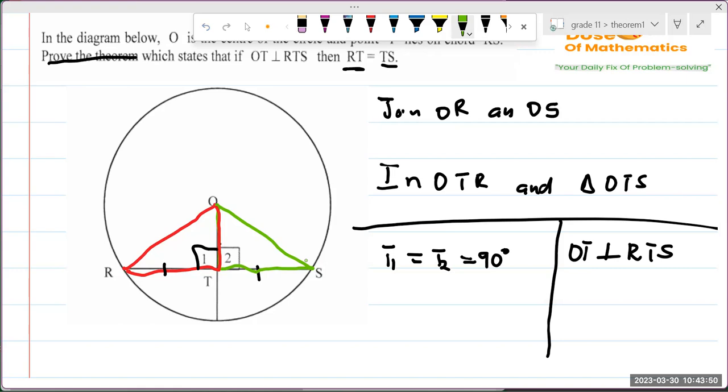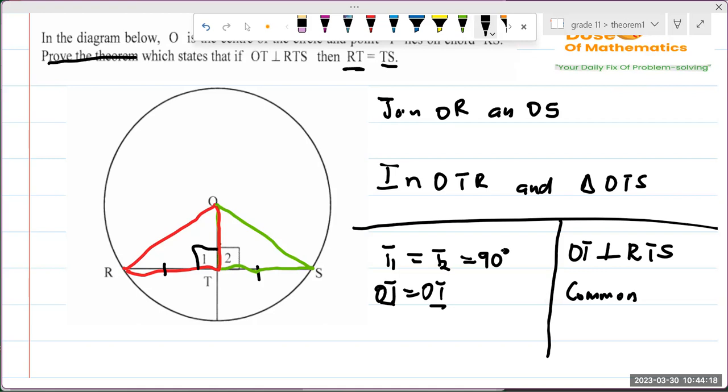Which line is that? It means we have a line which appears in both triangles, which is OT, and OT is going to be equal to OT because it's both red and green. Why is OT equal to OT? It's because it's common. It appears both on triangle OTR and also on triangle OTS.